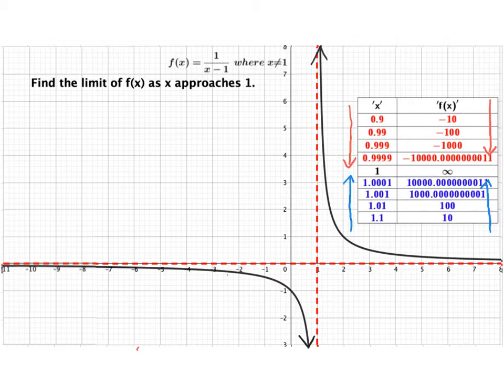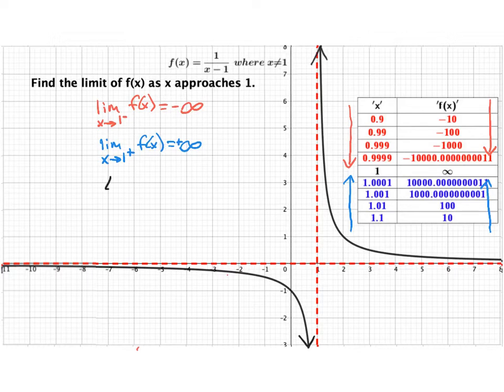So we would write these limits as the limit as x approaches 1 from the left of our function is negative infinity. And from the right side, the limit as x approaches 1 from the right of f of x, remember that was positive infinity, and I'll put the sign in there.